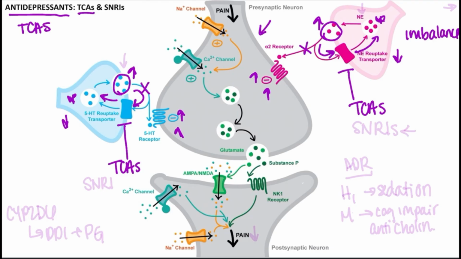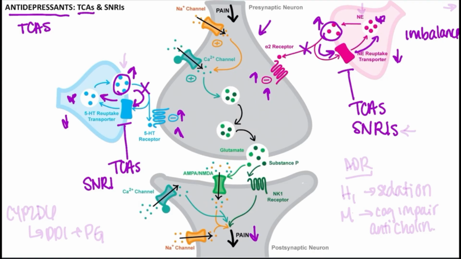So the second class of antidepressant agents are the serotonin norepinephrine reuptake inhibitors, or the SNRIs, which provide their analgesic effect in the exact same manner as the TCAs, just as their name suggests. So agents like duloxetine and desvenlafaxine, for example, will inhibit these reuptake transporters, increase that potential for inhibitory signals, and reduce those pain signals.